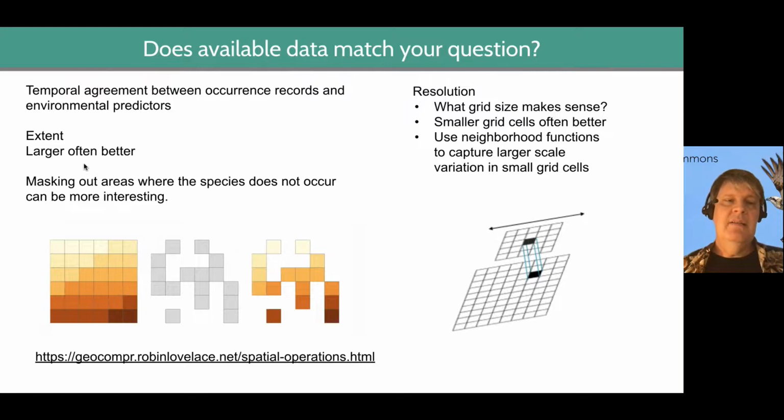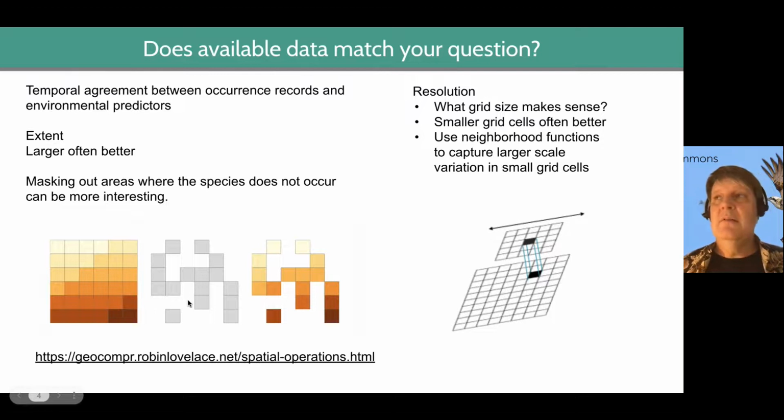And when we come back to this idea of extent, a larger extent is better, but it's also better if you train your model on areas where you know the species is going to occur. So if these cells that have been masked out here are water for a desert species, let's say each one of these cells has over 80% water in it, so it's unlikely that your species is there.